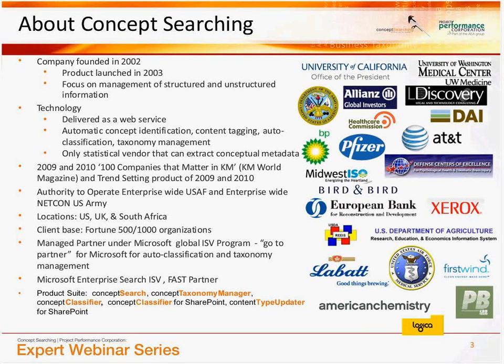And we are Microsoft's preferred go-to partner for auto-classification and taxonomy management solutions. Also a strategic partner as it relates to FAST. So everything that we're going to show off today from a demonstration perspective will work not only with SharePoint 2010 search, but with FAST search. Our product suite consists of 3 products, Concept Search, Concept Taxonomy Manager, and conceptClassifier. And we'll be providing greater details on those products later on in the session.